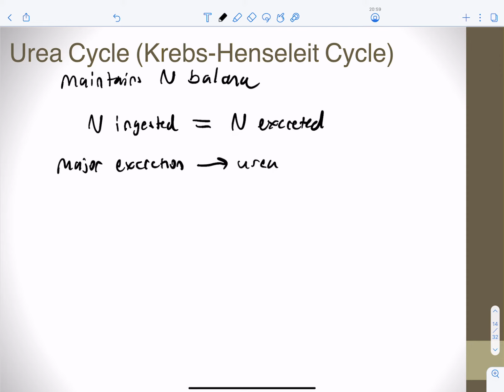The urea cycle is going to be mostly in the liver, and it again is there to prevent the formation of ammonia. It doesn't want to build up nitrogen to generate ammonia, which is toxic. Nitrogen travels in the blood attached to amino acids, mostly alanine and glutamine.